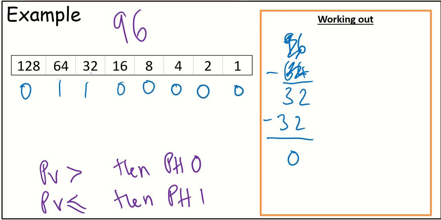And just so we're clear, we can check our working by converting back, doing the inverse operation, adding up all the place values with 1 underneath them, 64 plus 32 in this case, which gives me 96, which matches this. I know I've done it correctly.